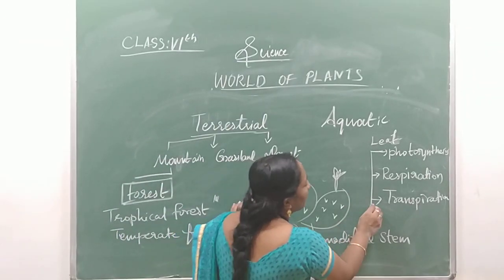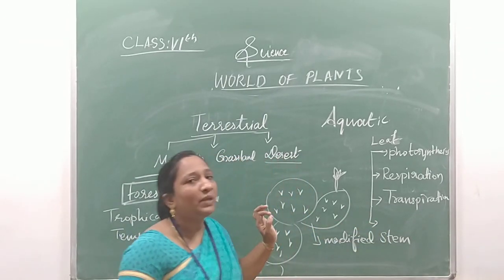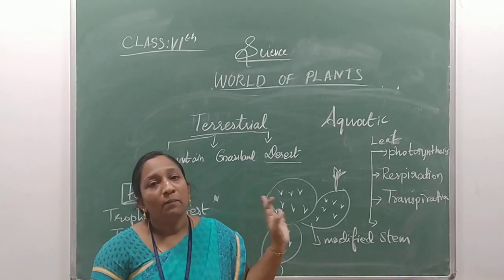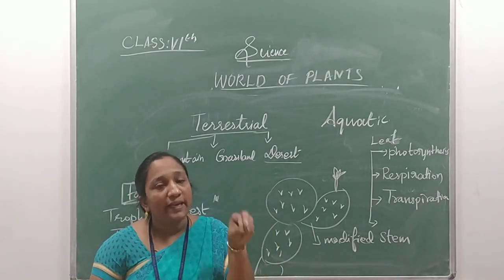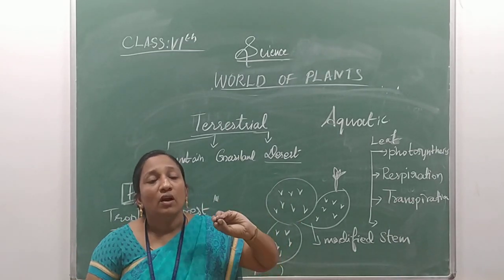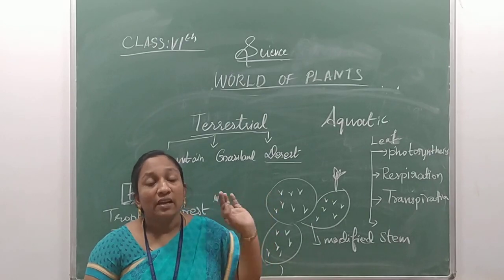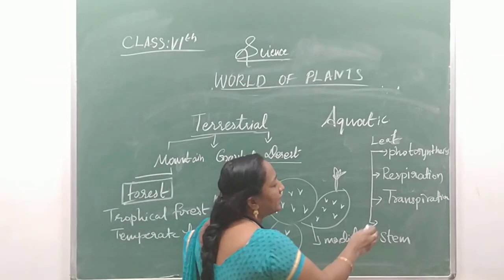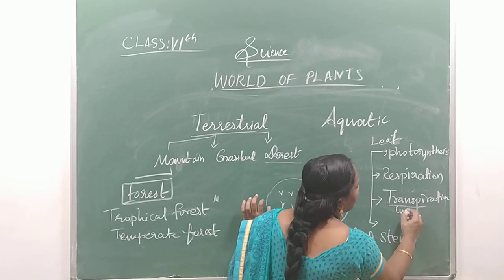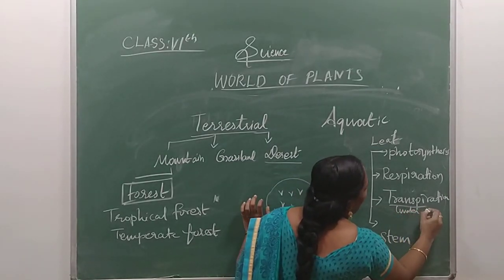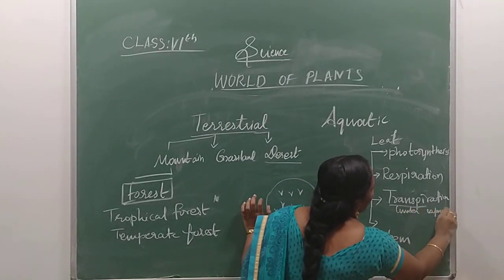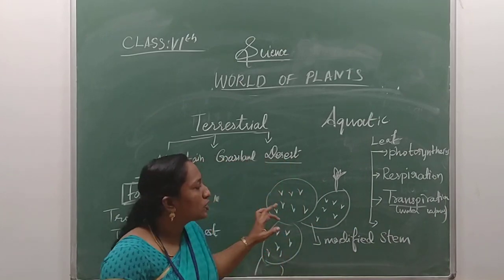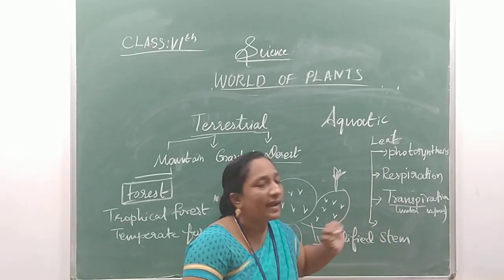That is nothing but water evaporating from the plant. You have not wetted the plant, even though it liberates some water from the leaves. So the leaves do transpiration. That is called water vapor from the plants, the transpiration.